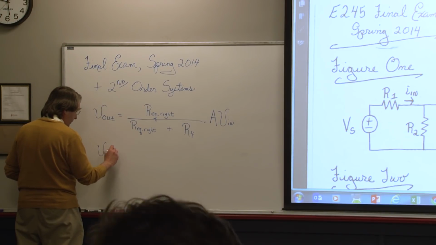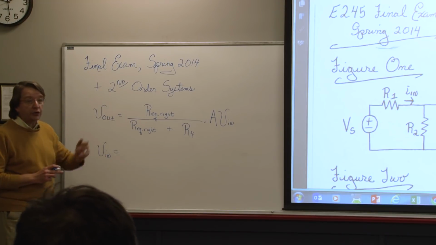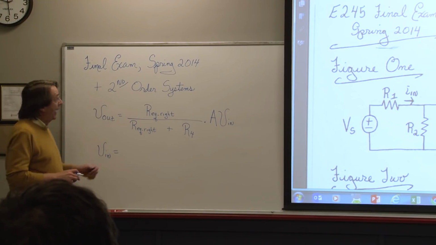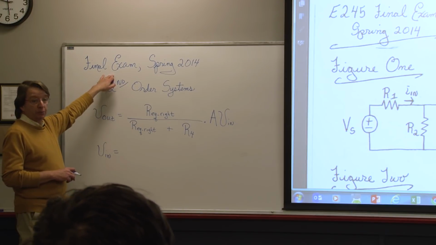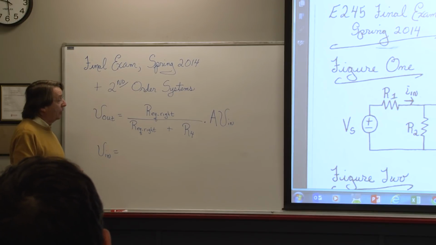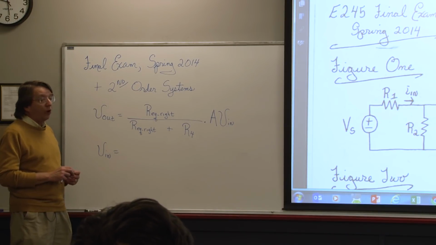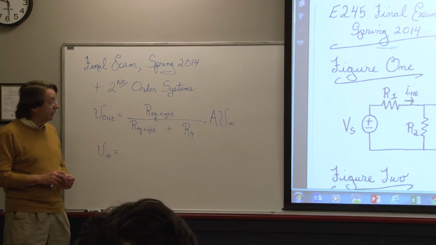V in. Okay. And I'm going to use voltage division with R2 and R3. Michael, my good man, we're doing the spring 2014 final exam. I'm looking at V in, and I'm saying R2 and R3, let's call that Req left.